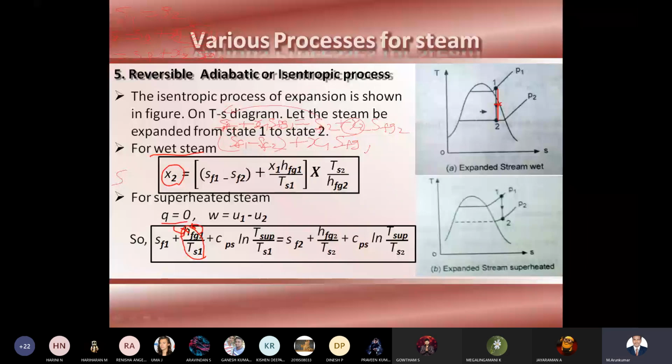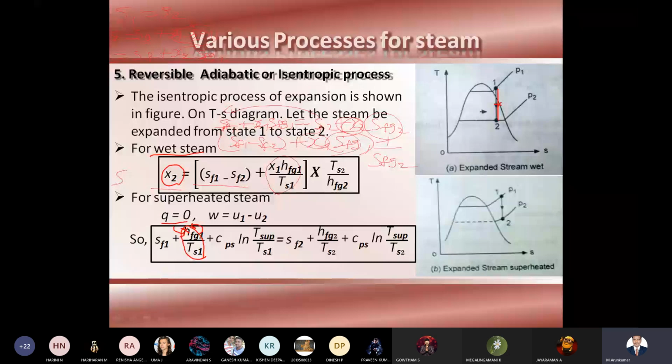So we have a multiplication, then you have to take into denominator, that will be your 1 by SFG2, right? So if you want X2, you can write the equation as SF1 minus SF2 plus X1 into SFG1.